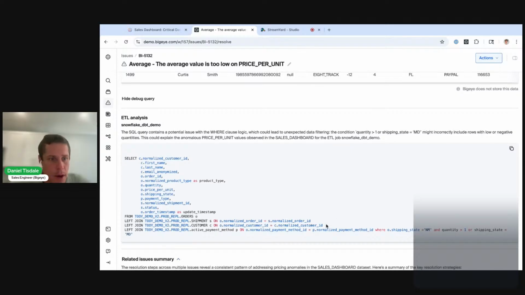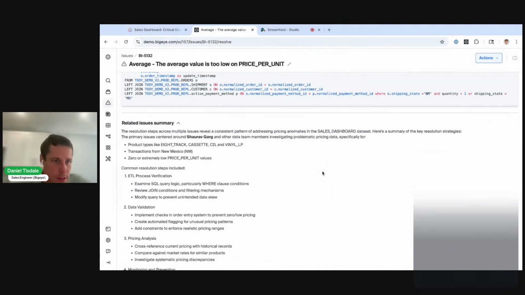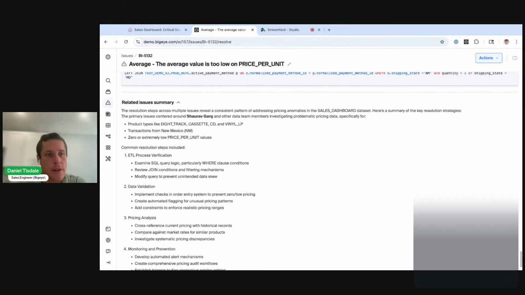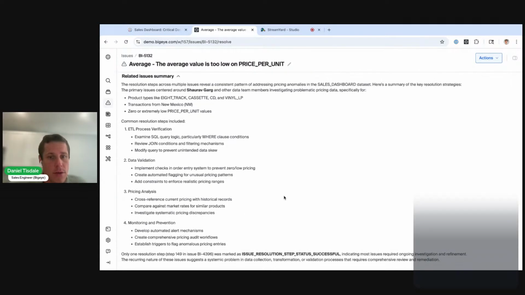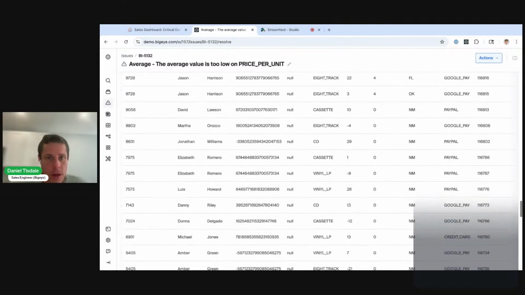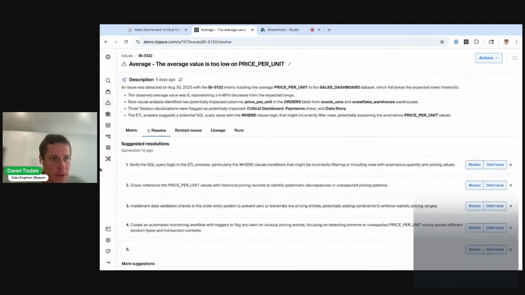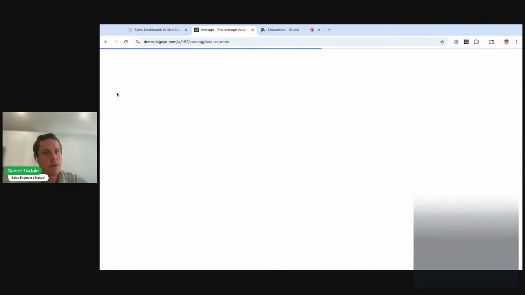Now, at the very bottom, the related issues summary, this is where, again, we can see there were some similar types of issues, and these are the steps that we took to ultimately fix and resolve that issue there. So this, again, just gives you a nice and easy way to speed up the time to resolve any of these data quality issues.